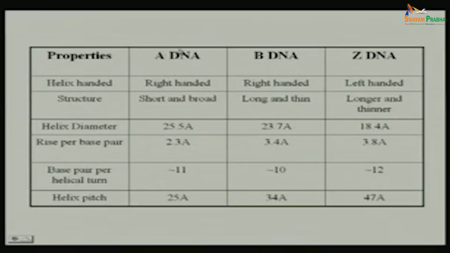Now coming to this A form, B form and Z form. B form is the normal DNA molecule, and under extreme environmental conditions we can get A form of DNA or Z form of DNA.